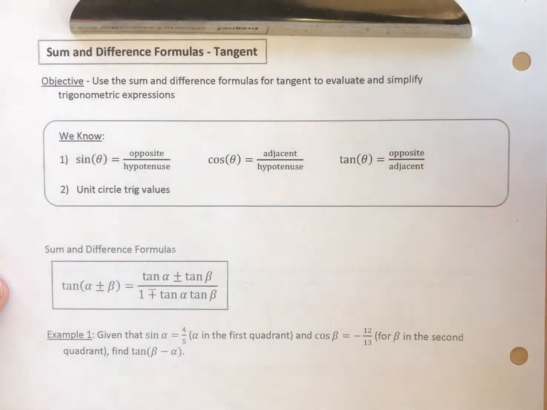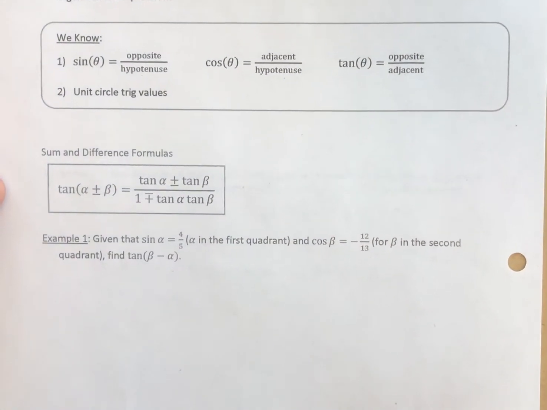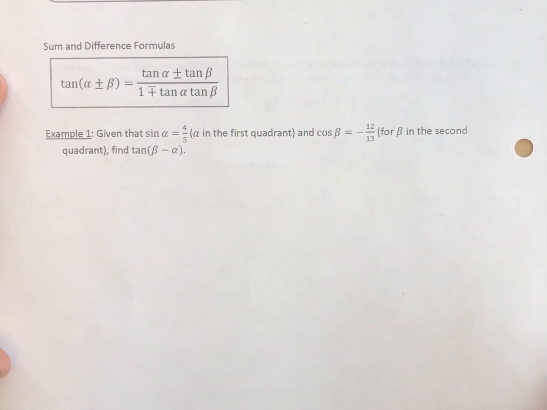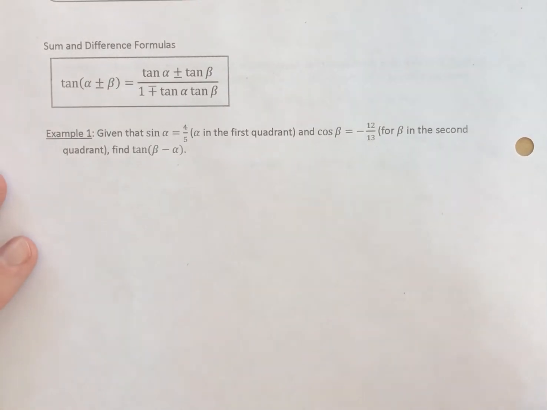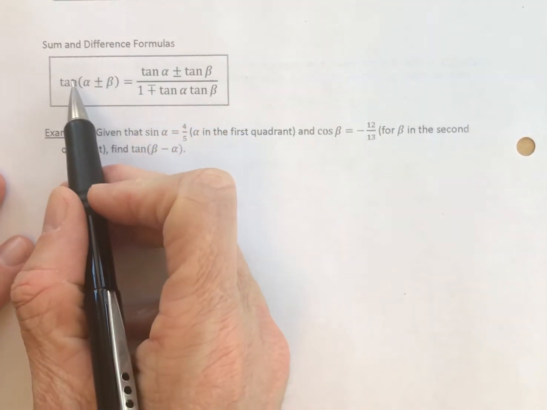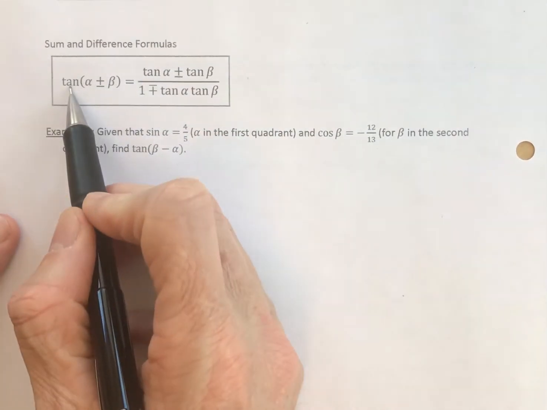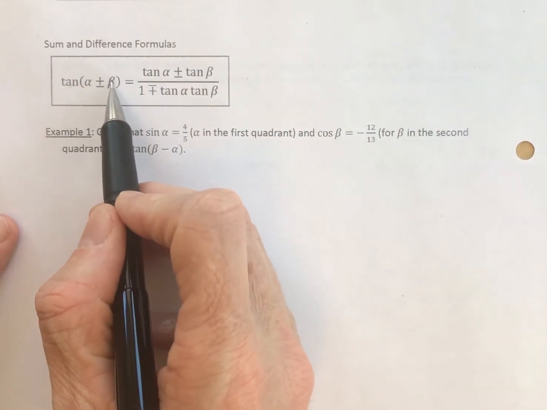Now with the sine and cosine sum and difference formulas, I derived them. I'm not going to do that with tangent. A bit of a pain, so we're just going to give those to you. Let's remember that I've combined two formulas into one here. The sum formula reads across the top.